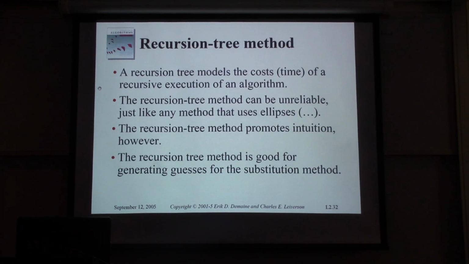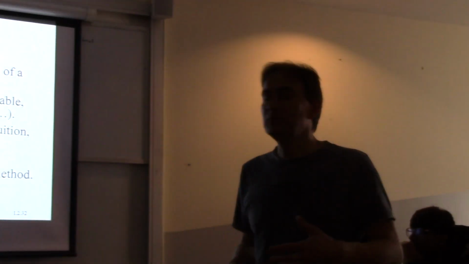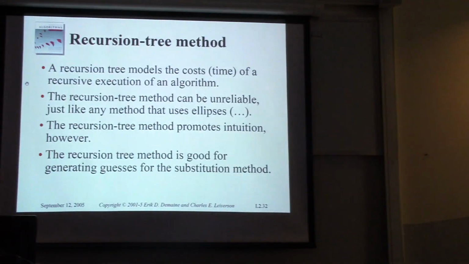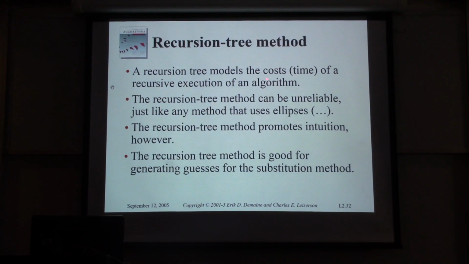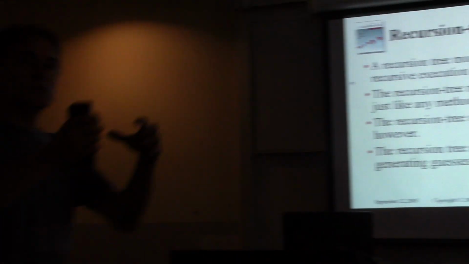We're going to look at a really cool method called the recursion tree method, which can help us solve problems kind of graphically, so we can visualize what's going on in terms of complexity. A recursion tree models the costs of a recursive execution of an algorithm. As the recursion tree is building, you start with a root, and then you expand the tree to each new level, and you try to see a pattern.